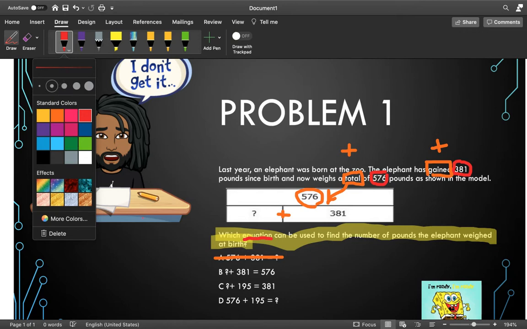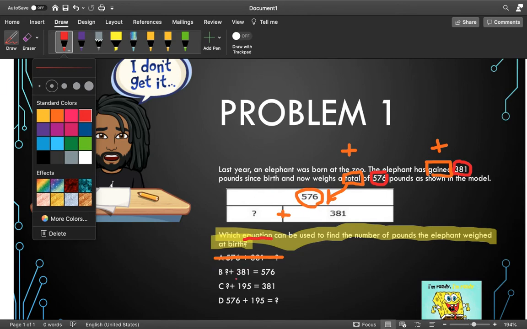Now, we know if we're dealing with part-whole, that means this part plus this part equals that. So right now it's saying that part plus part of this diagram equals our total, or gives us our sum.